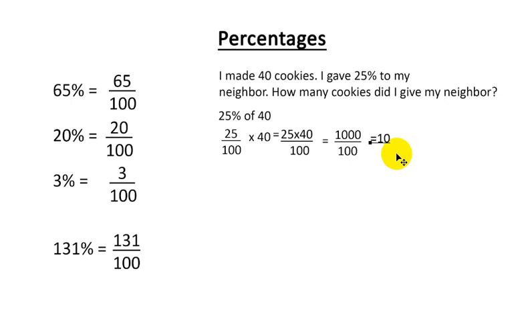So basically what we're saying here is that 25% of 40 is 10, or as my answer should be written, 10 is 25% of 40. And there's my answer right there.